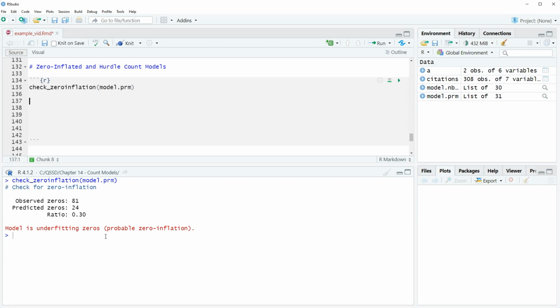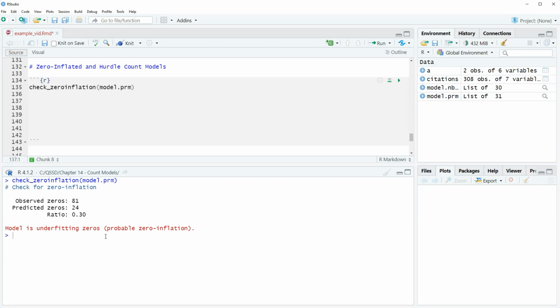Then for observations that are not zero, so a count of at least one, it runs a count model. Technically, because there are no zeros in that, these are considered zero truncated models. With hurdle models, these are completely separate things.